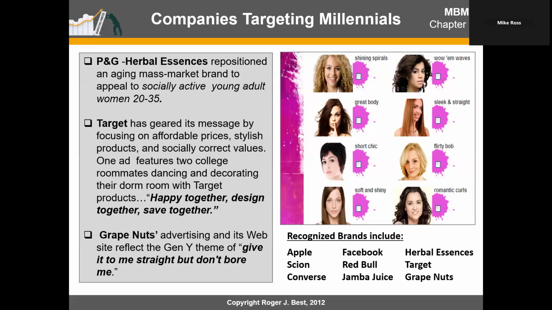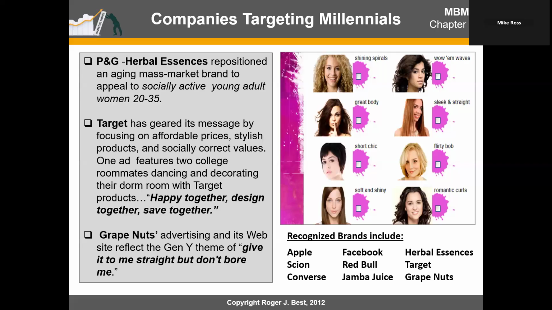Same thing around retail stores. You know, retail stores have sort of a vibe. You could look at a Target versus a Walmart. Target feels like it's maybe more of a younger kind of vibe.